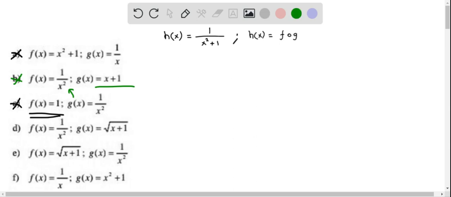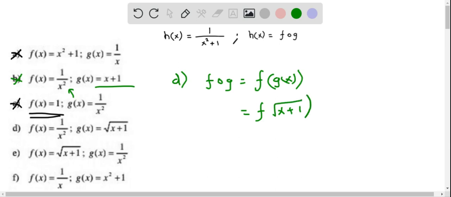Now let's verify choice D. Here we have g of x equals under the root of x squared plus 1. I'm sorry, x plus 1. So I find f of g, which equals f of g of x, so this equals f of the square root of x plus 1. And now we have to replace x by the square root of x plus 1.